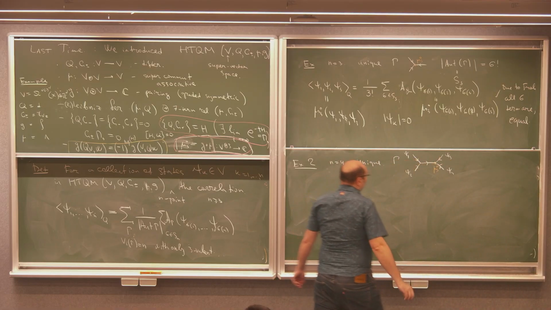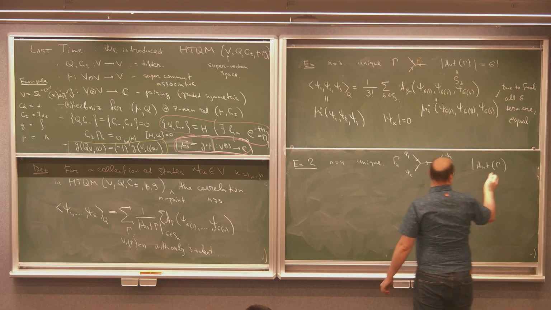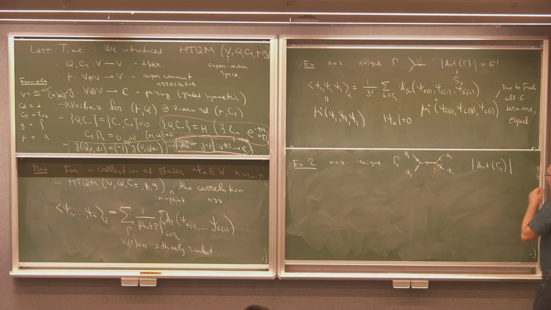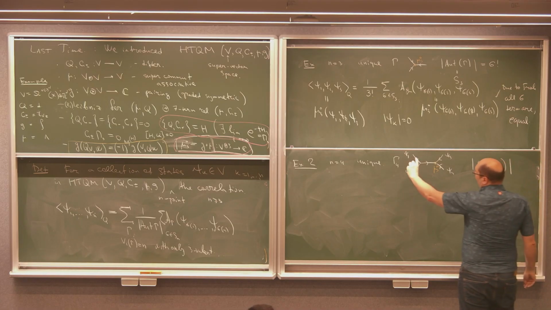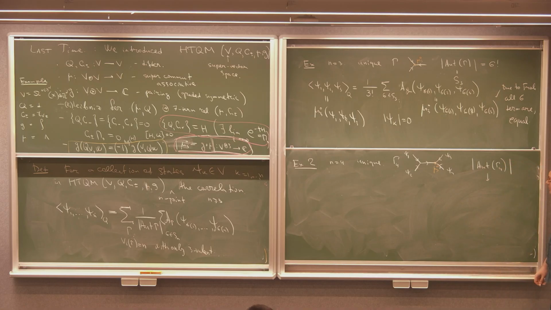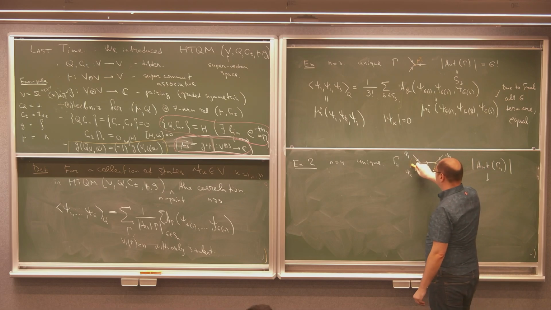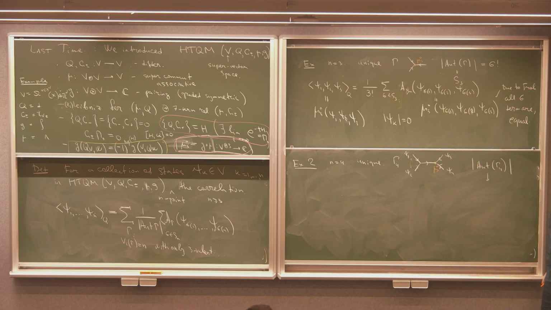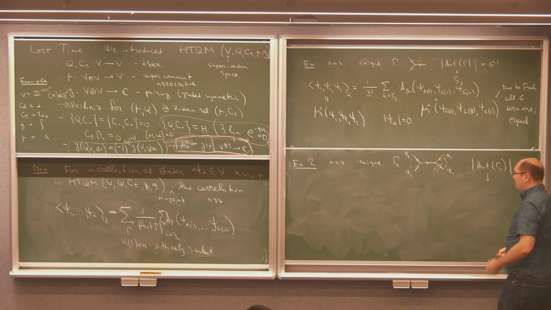Okay, so what about the automorphism group of this gamma? Let me call it gamma 4. What is the automorphism group? We can freely exchange this pair of edges. If we exchange this pair of edges, the picture doesn't change, and we can independently exchange this other pair of edges.